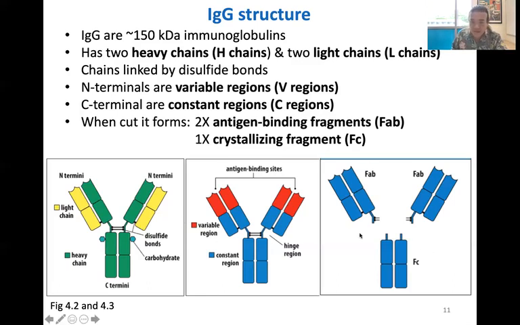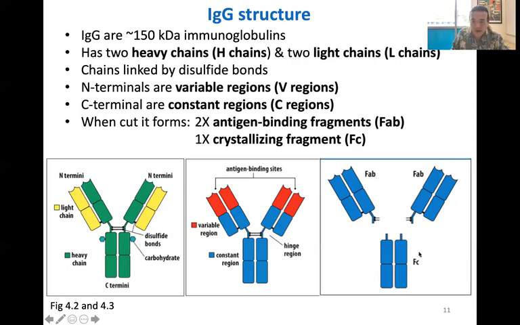A third way of thinking about it is a very old-fashioned way, but it's important we mention it because the terms are still used today. Early researchers saw that if you were to break up the immunoglobulin, it would tend to fall into these typical pieces. You'd have the antigen binding fragments, or the FABs, so fragments that bind antigen, right?